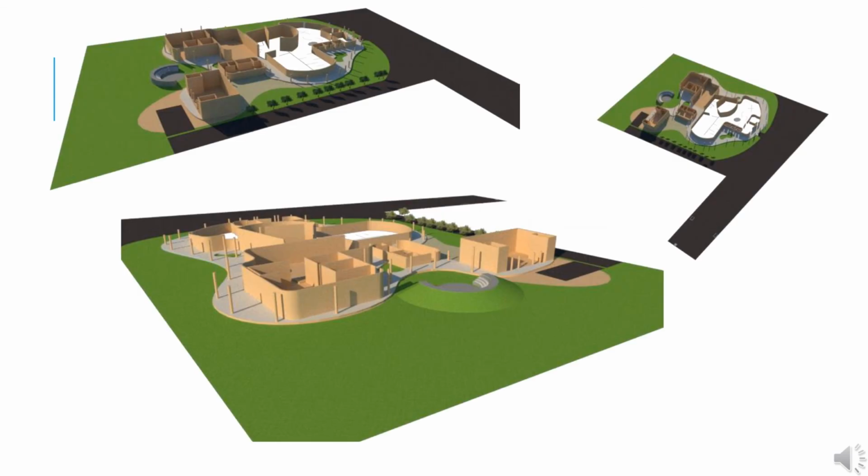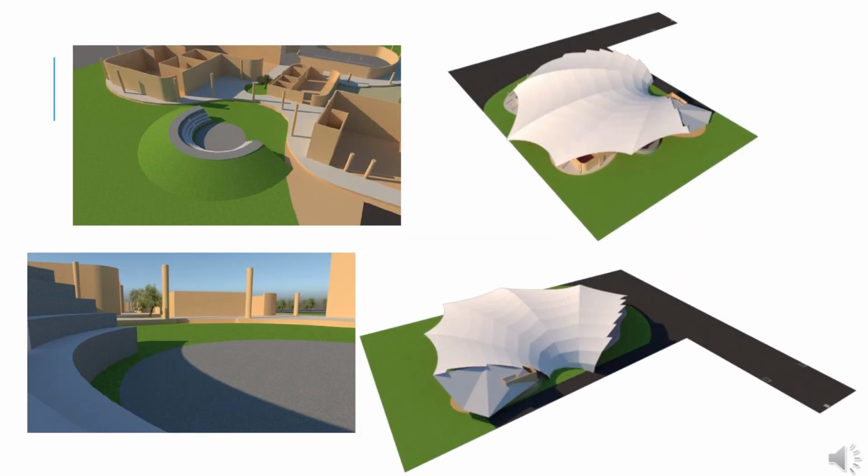These are the 3D views of the plan with vegetation and the amphitheater at the end. In this slide, we can see the amphitheater and the shape of the roof which goes with the rhythmic concept.